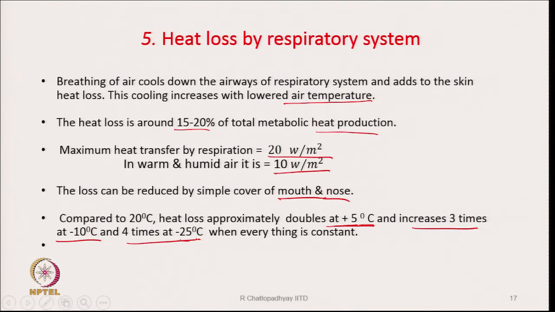So, as the temperature keeps falling, the heat loss is going to increase.